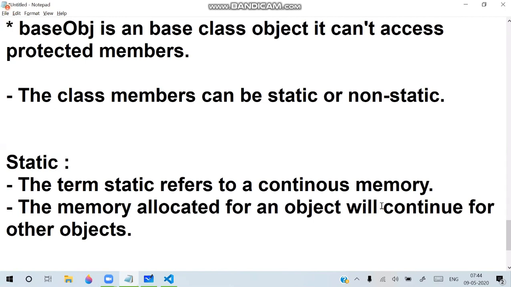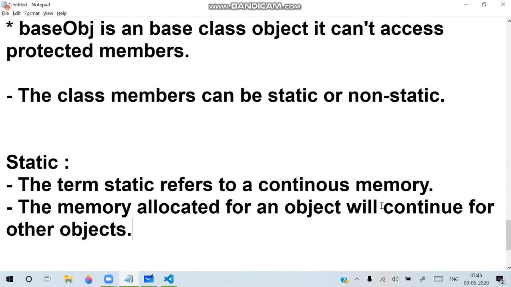It is a continuous memory. So that is what static is in a simple point. Static and non-static are referring to memory.